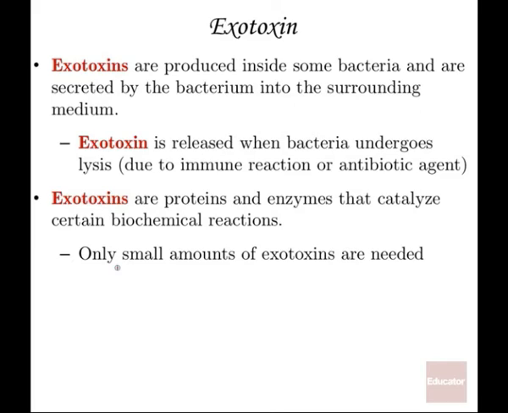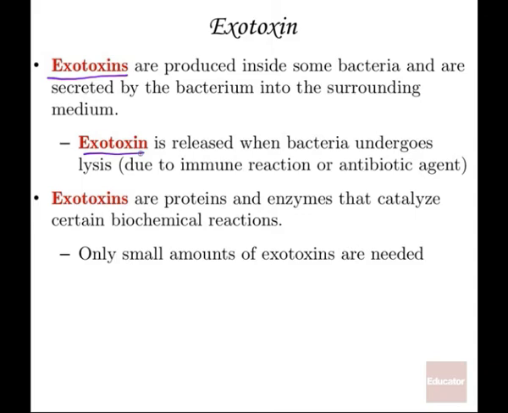So again, there are two types. The first type we're going to discuss is the exotoxin. Exotoxins are toxins that are produced inside some of the bacteria, and these toxins are then secreted by the bacteria into the surrounding medium. So the exotoxin is released. Now, the exotoxin can sometimes just be released as part of the life cycle of the bacteria.